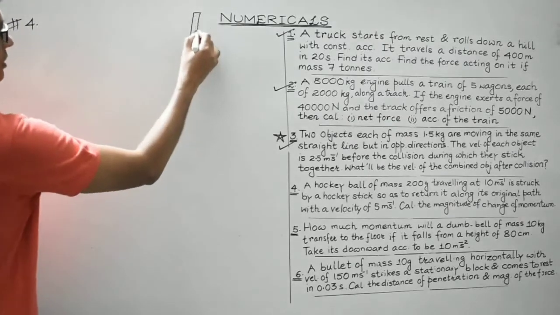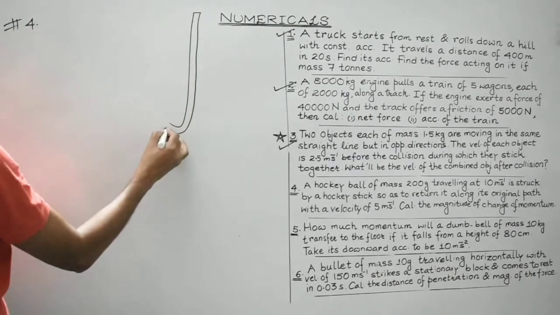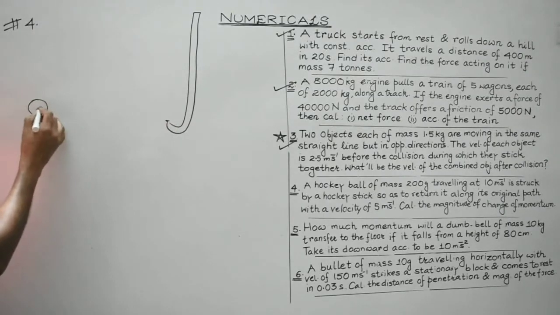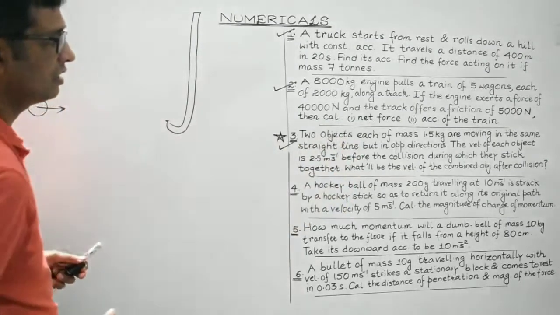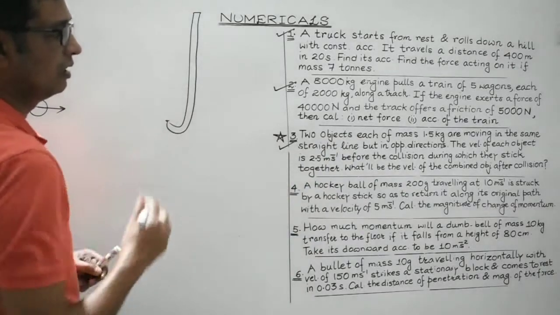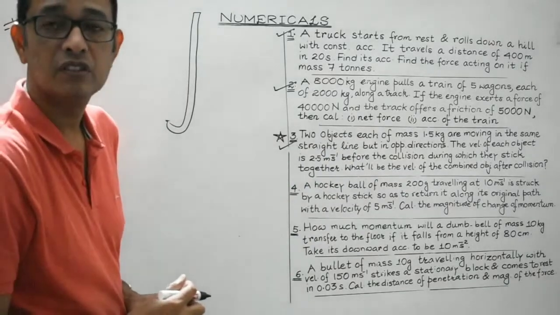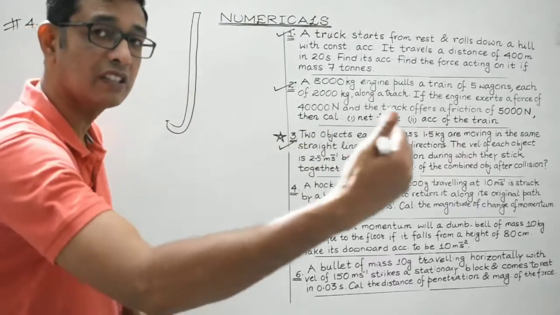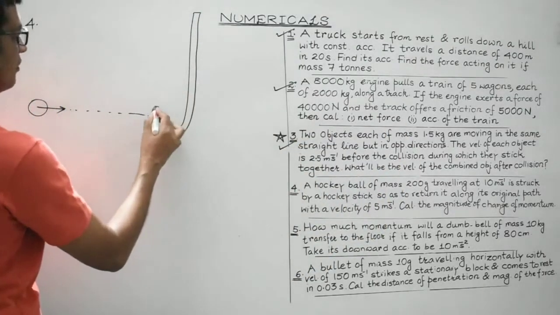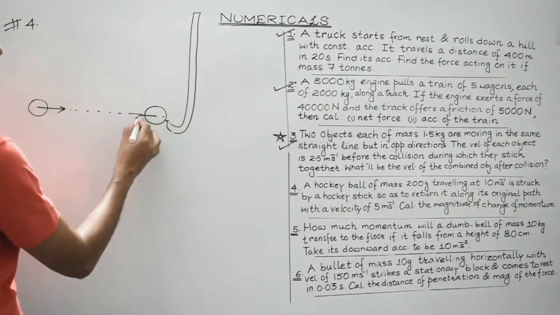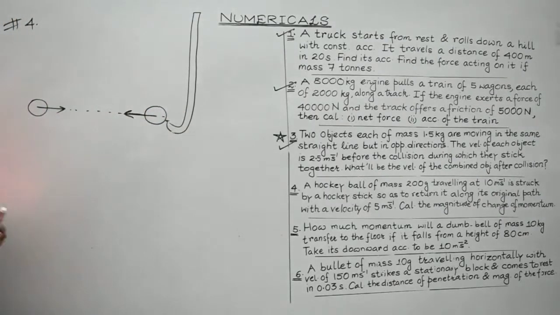Suppose this is the hockey stick. A ball is coming like this. It is being struck by the hockey stick and it retraces its path in the opposite direction. So if this is its initial direction of motion, then after getting struck by the hockey stick, it will retrace its path in the opposite direction, returns back.